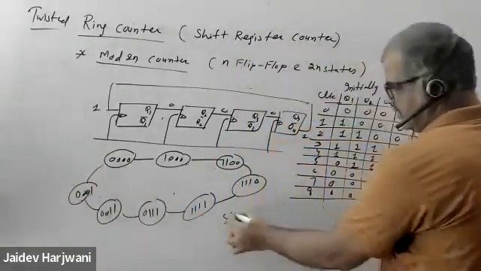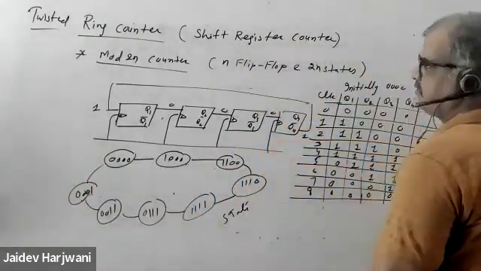So this is the state diagram for a 4-bit twisted ring counter.